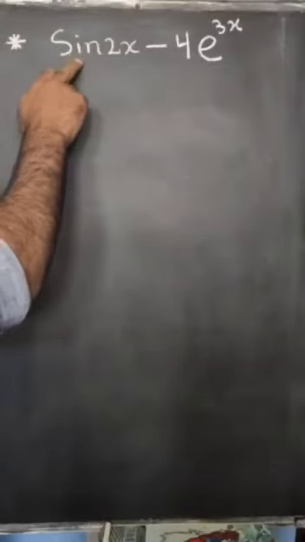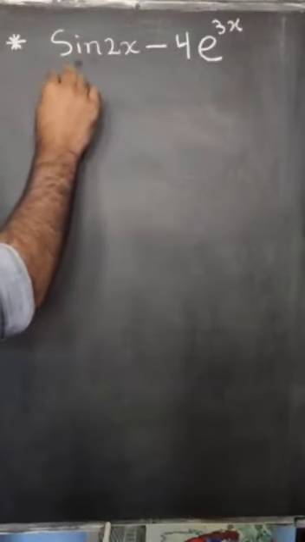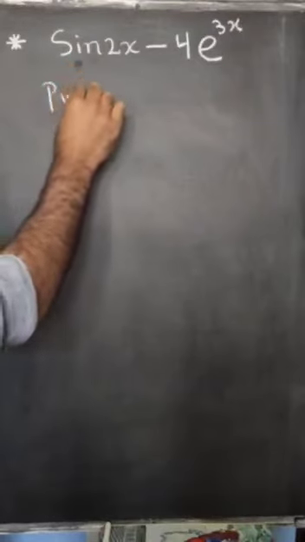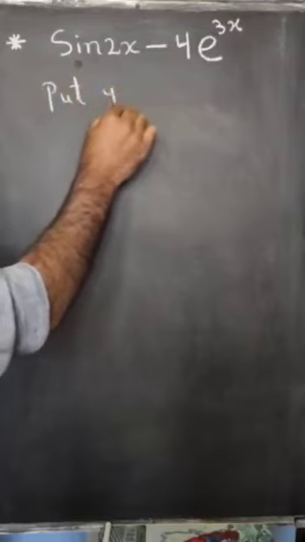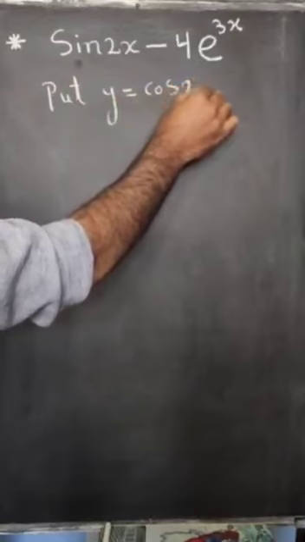Now to find the antiderivative or integral of sine 2x, we put y is equal to cos of 2x.